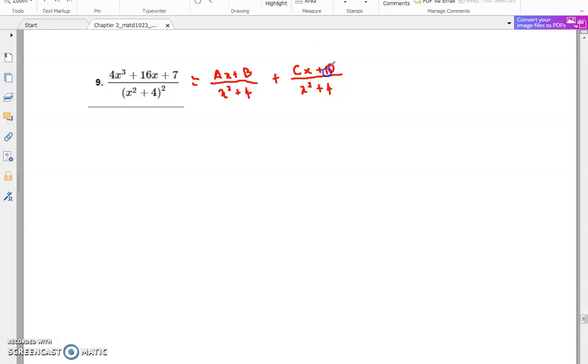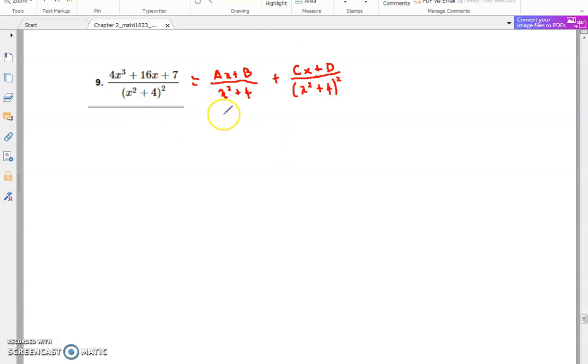This is supposed to be d, not 0. So let me write it clearly there. It's supposed to be plus d. But since you have a power of 2 there, you are going to put your denominator up until power of 2.